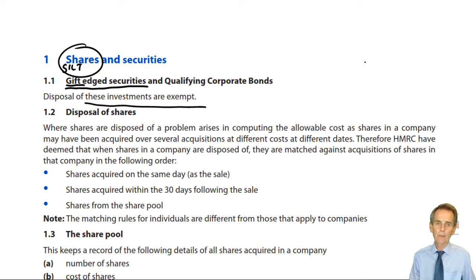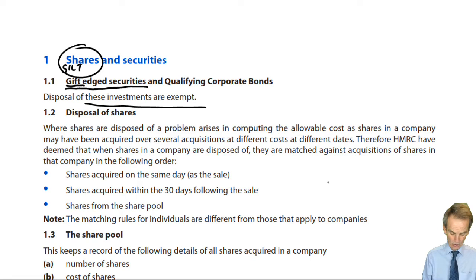So as you may guess, HMRC do not leave it up to us, the taxpayer, to decide which of the shares we bought at which different costs will now be the ones that we deem to have been sold. There are rules. HMRC provide us with those rules, and that's what we'll see here in Note 1.2.